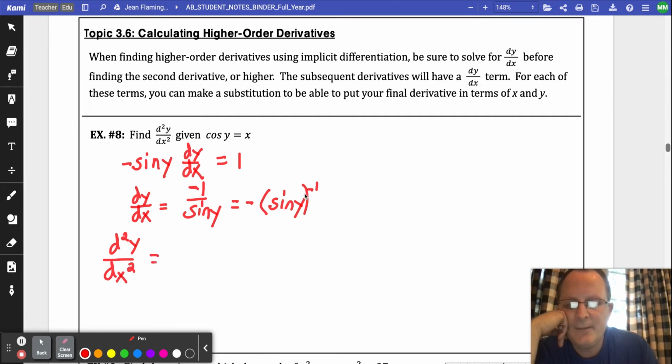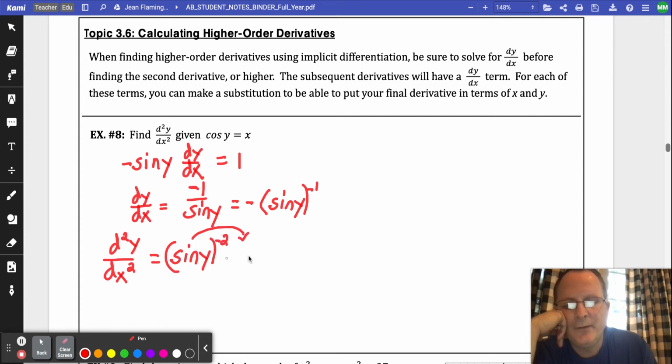All right. So if I did the power rule, I drop that exponent down, that makes it positive, and then I copy a new exponent. My new exponent is going to be negative 2, and then the chain rule is in effect here.